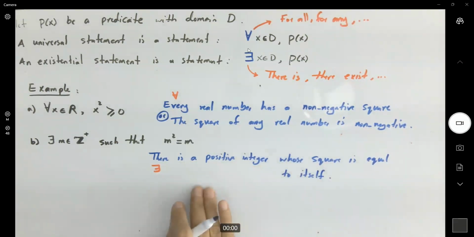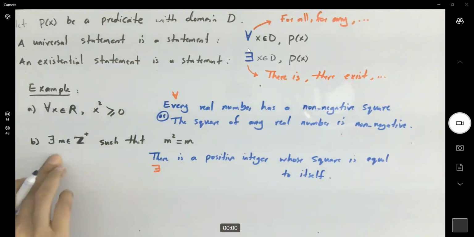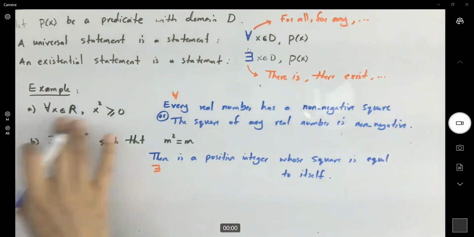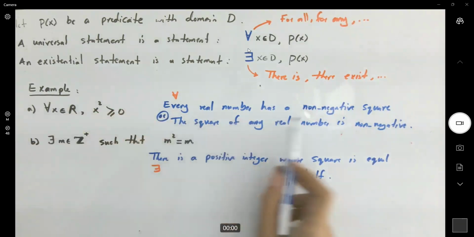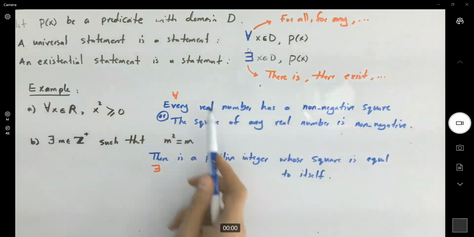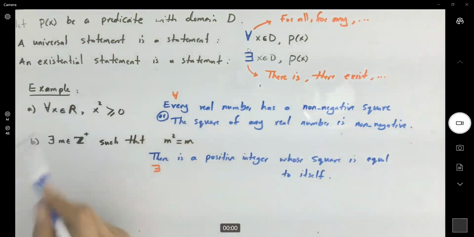So this is the translation of an existential statement, and here you have the translation of a universal statement. Again, note that if you have the English statement, you can convert it back into the quantified statement as on the left-hand side.